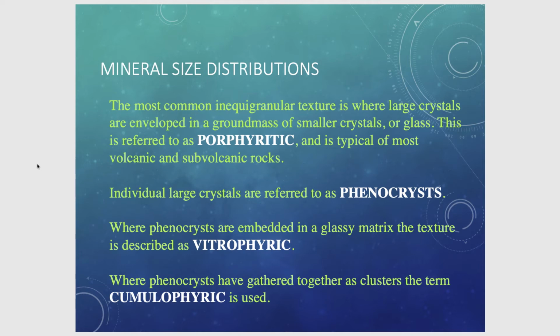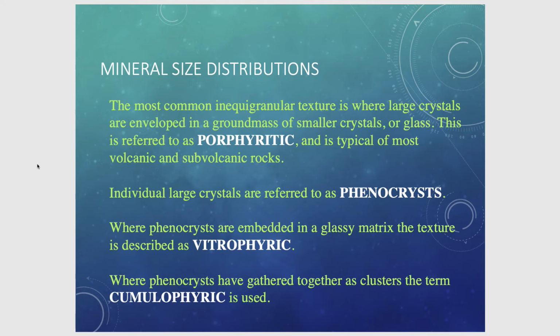Porphyries are very important also in exploration, so it's important to be able to recognize them when we are looking for mineral deposits. So in an economic geology sense, porphyritic rocks are quite important because they tend to be associated with large ore systems, and these are the porphyry systems, which are essentially dominated by either base or precious metals, so copper or copper-gold or copper-moly associations are quite common in porphyry systems.